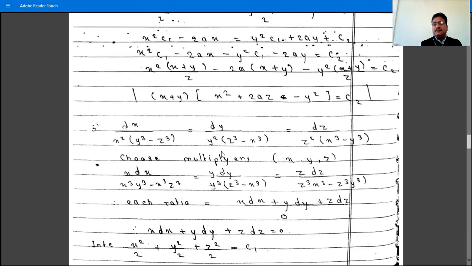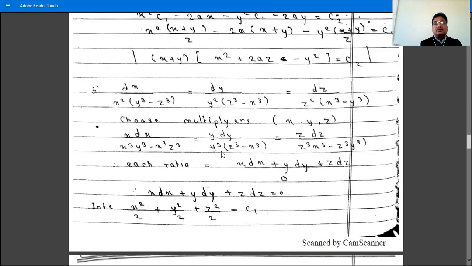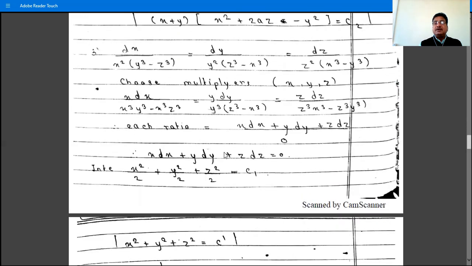Example number 3. Choose multipliers 1, x, y, z. For this example, we have the answer: the denominator is 0.